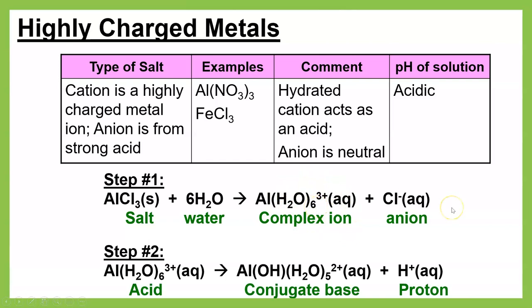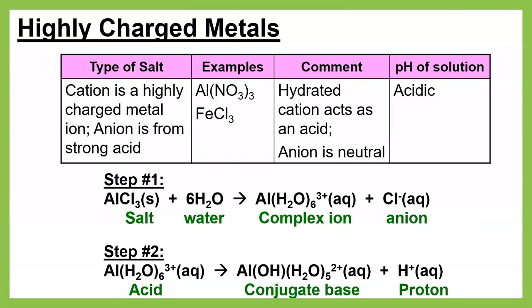Now this part here, this funky looking ion, gets even crazier. And one proton pops off. So your charge goes down by 1, and you have a proton floating around, and now you have aluminum with a hydroxide and several waters.